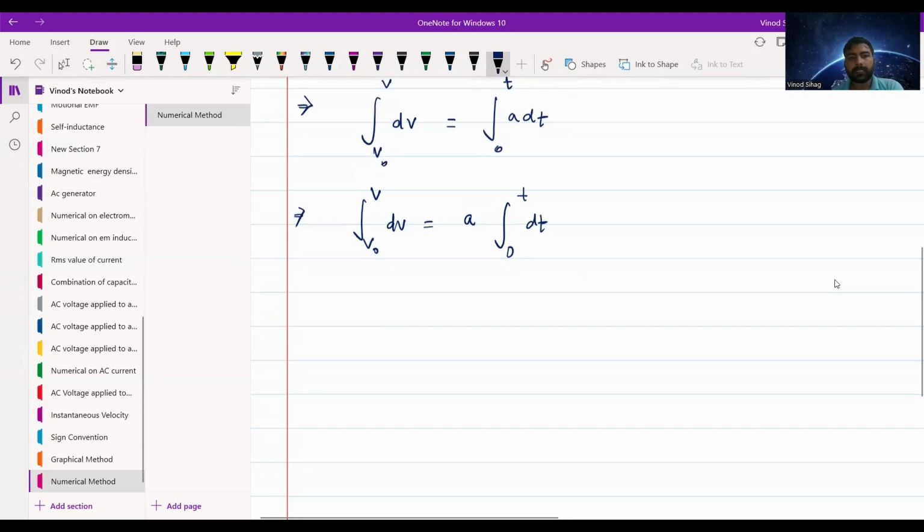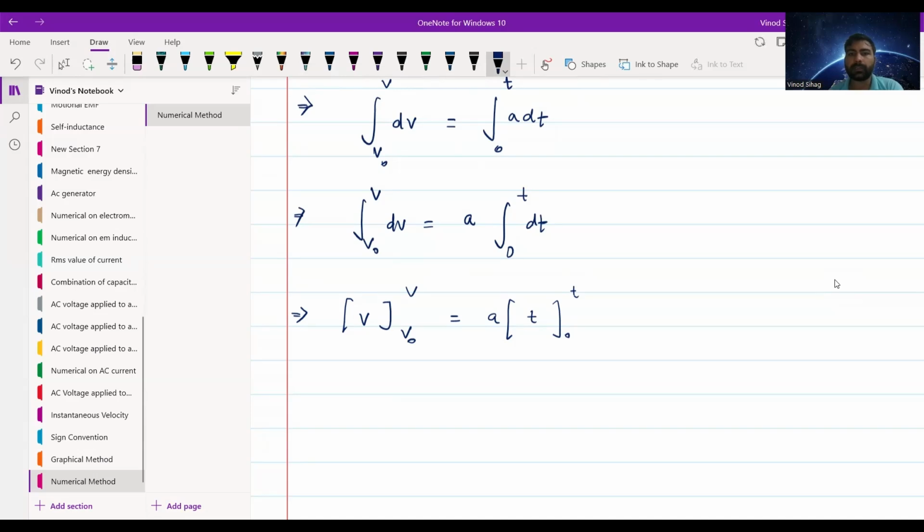And finally, we will get the integration as v naught to v equals a times 0 to t. Since we know that here dv is the only variable that is going to change, and 1 is multiple of that. And similarly, dt is also the variable, and there is no other function of time. So that's why we can assume that there is 1 multiplied by dt.